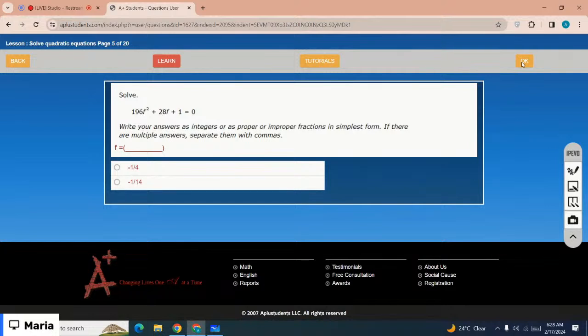Okay, the next one is solve 196 f square plus 28 f plus 1. So, which is the correct option?